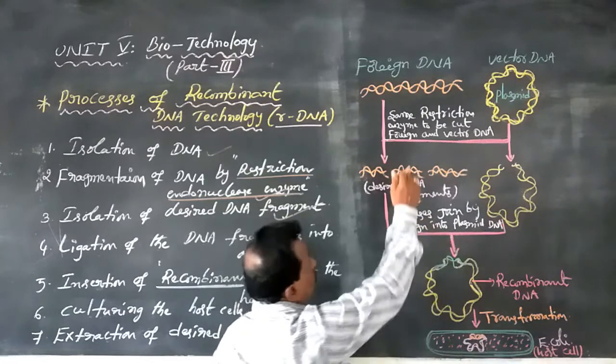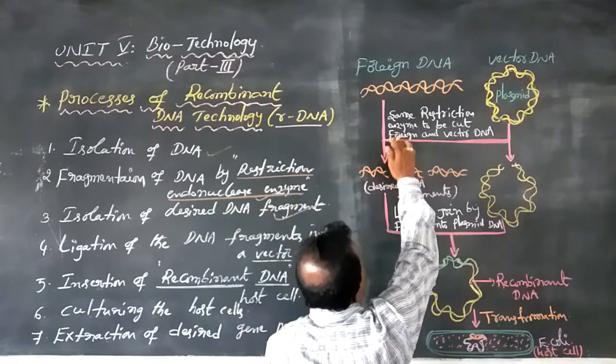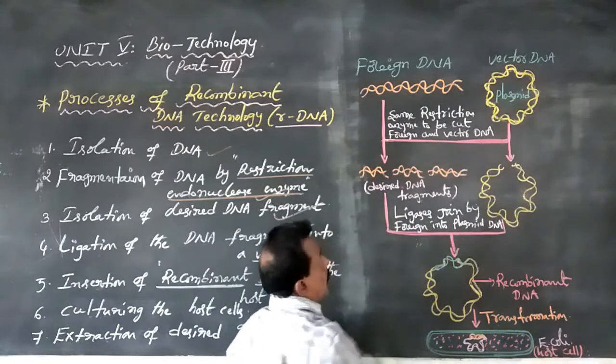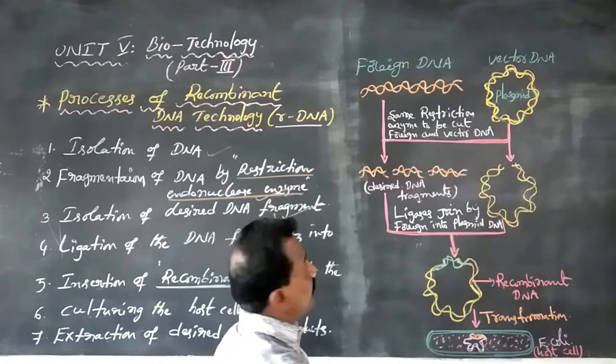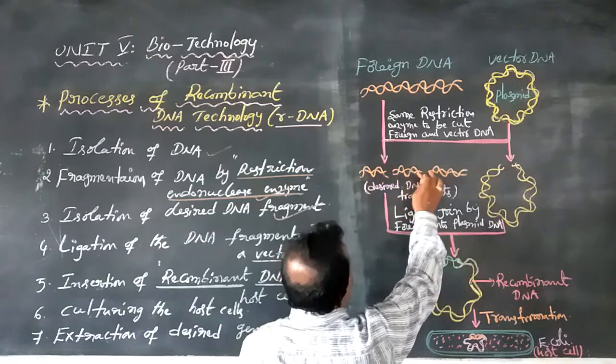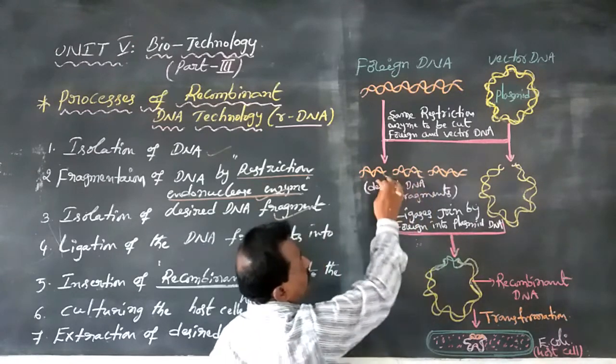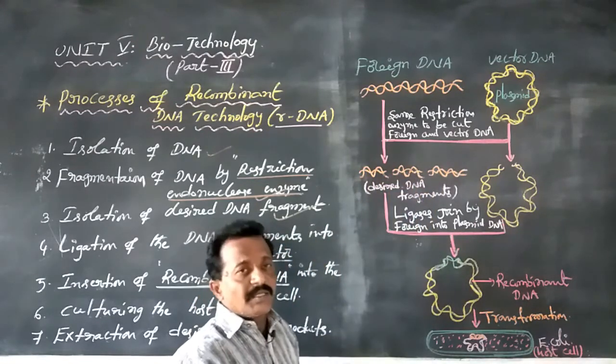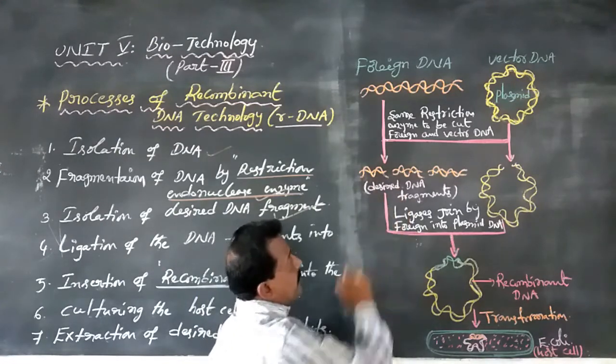This restriction endonuclease enzyme always cuts between guanine and adenine. So several desired DNA fragments are produced.